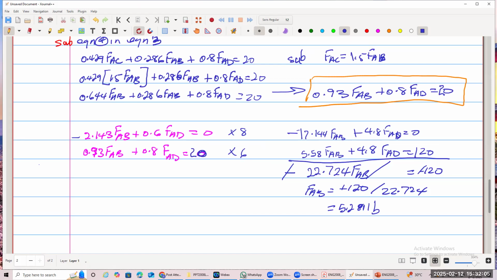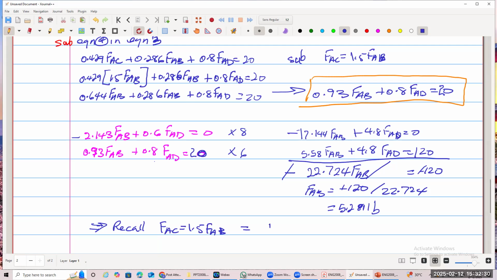All right, and then the next one. From this now, what would you do? You go and find F_AC. So recall that you have F_AC equals 1.5 F_AB, and it's just a matter of substituting.